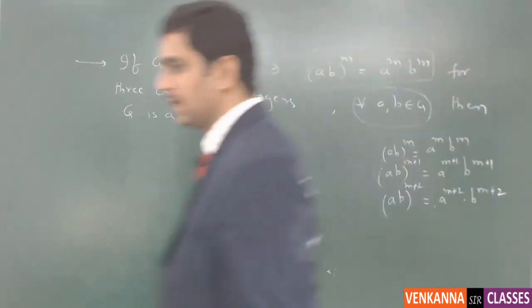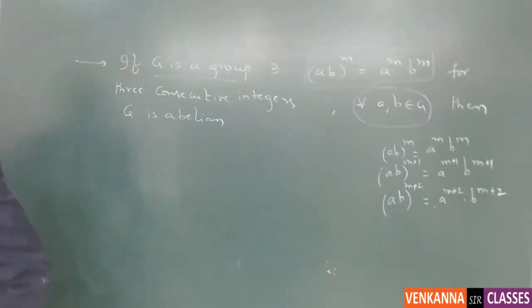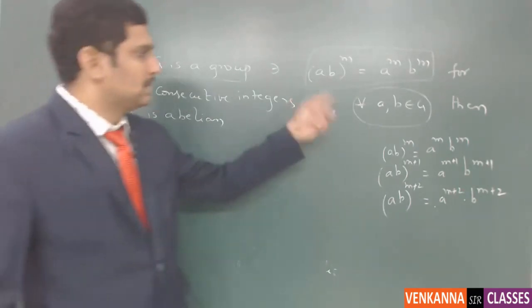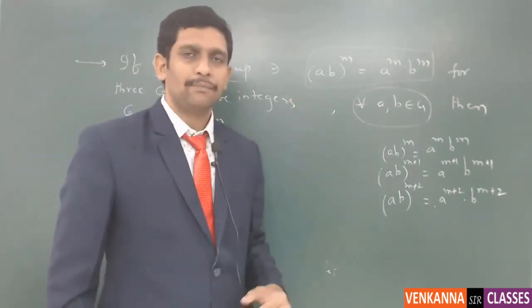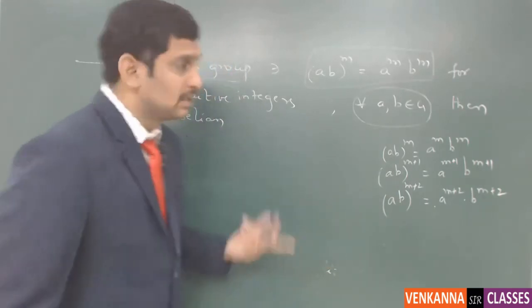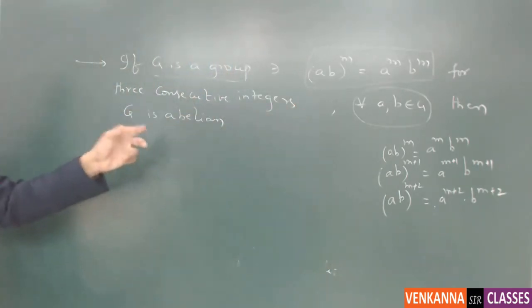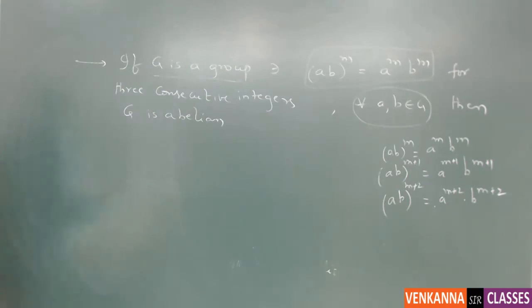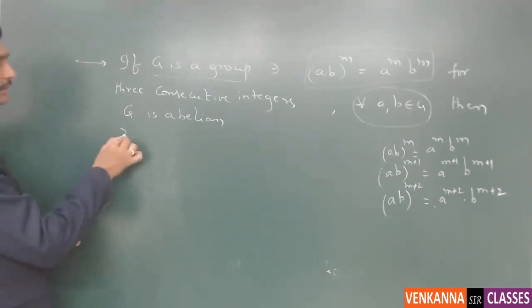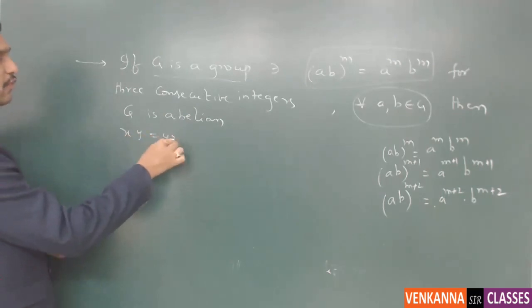This is the actual meaning. If this condition holds for any two elements, then the group becomes an abelian group. What is meant by an abelian group? It has the commutative property, that is, xy is equal to yx.